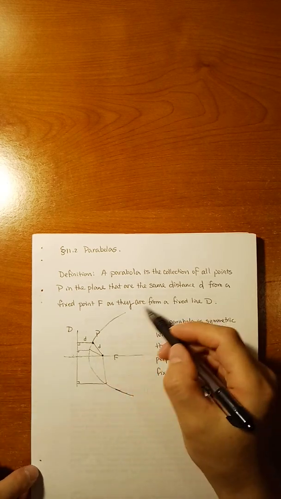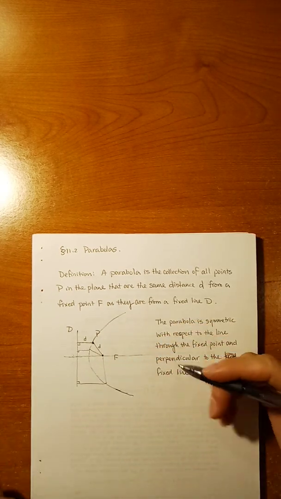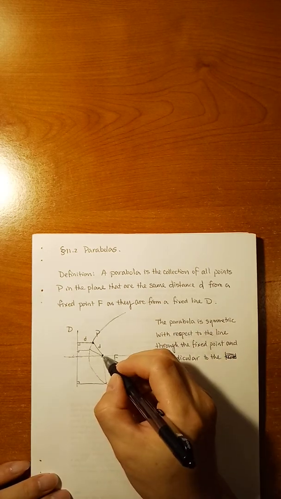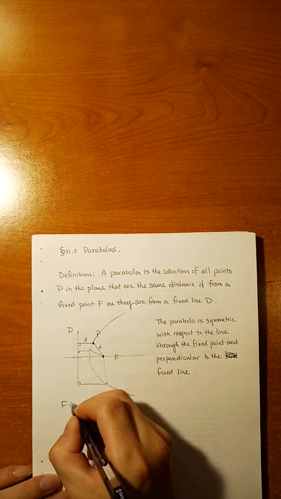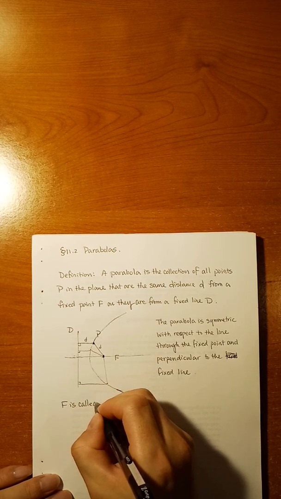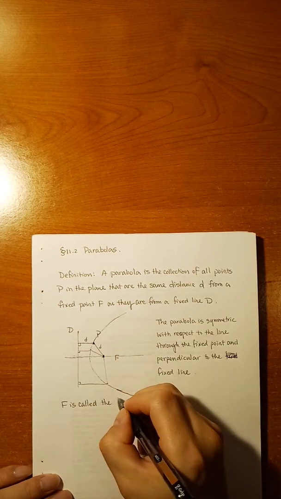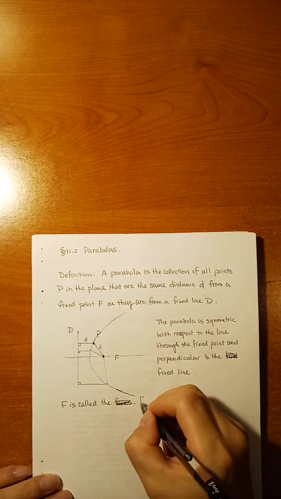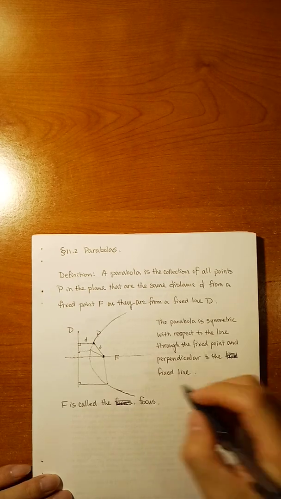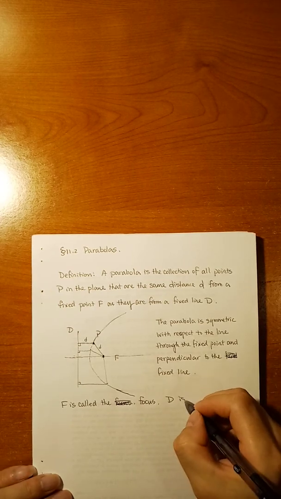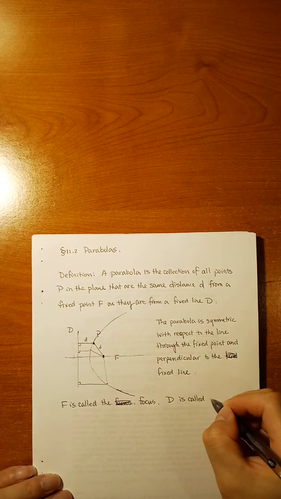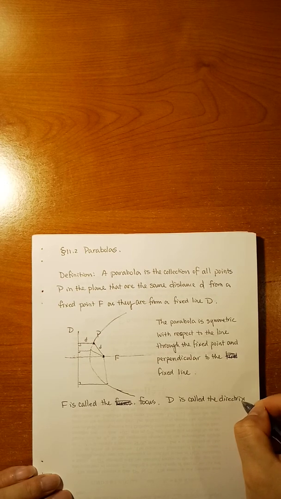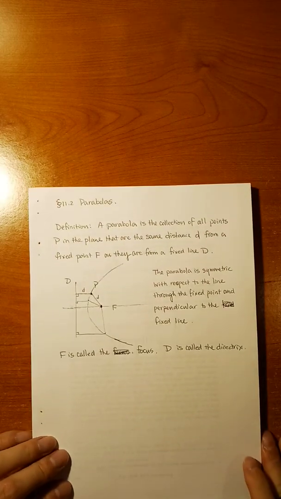Okay, so the upper part and bottom part are symmetric. And this is called the symmetric axis. And this fixed point F is called the focus, F-O-C-U-S. And D is called the directrix.